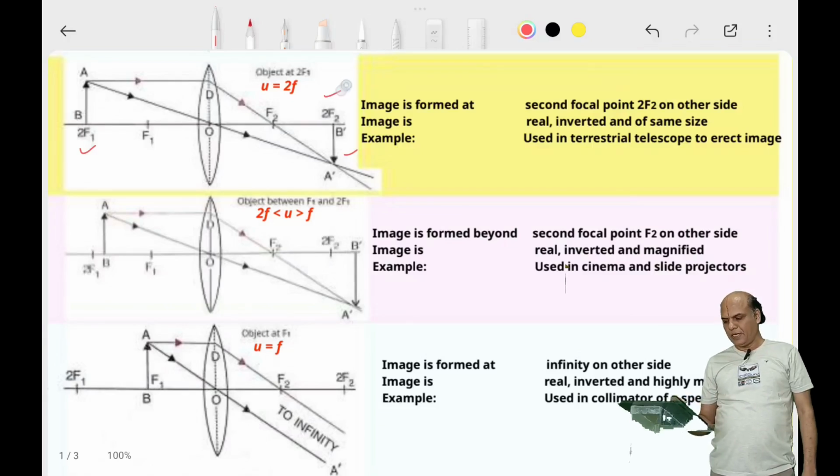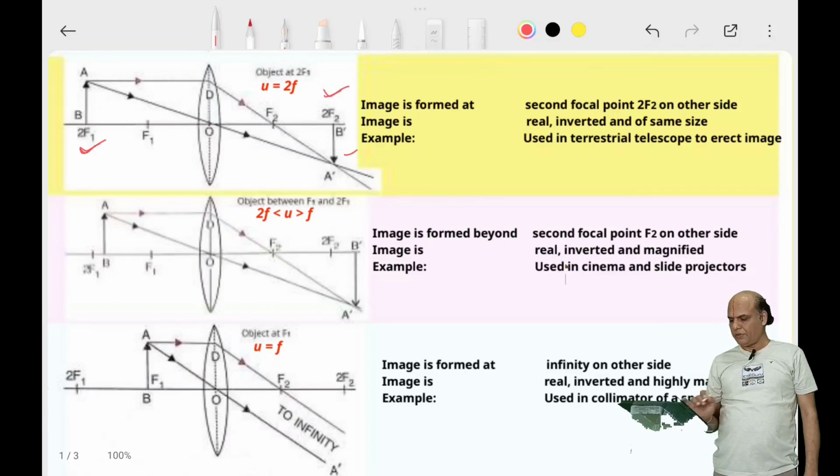The image is real, and the image is of equal size as the object. The object is placed at 2f1, whereas the image is formed at 2f2, and the size of the object and the size of the image are the same.